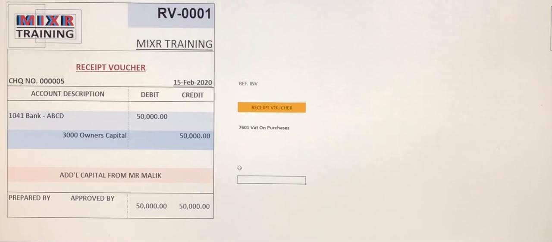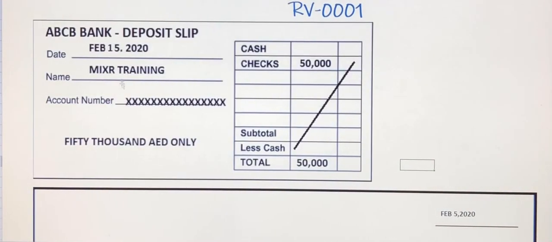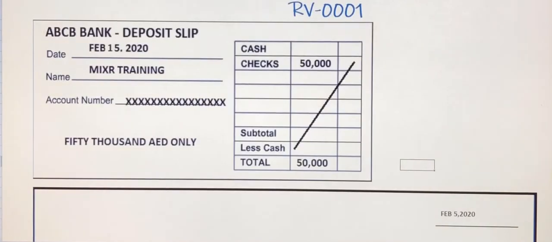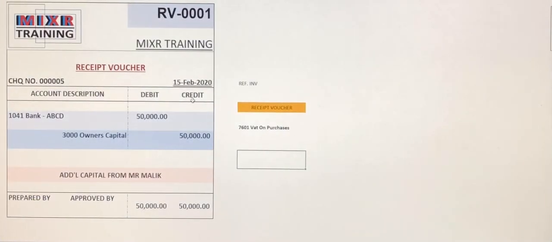Okay. So I think everything is matching now. Okay. So if it is already correct, we're going to print this and we will attach this in front of these attachments. Alright, so again, this is the front page.